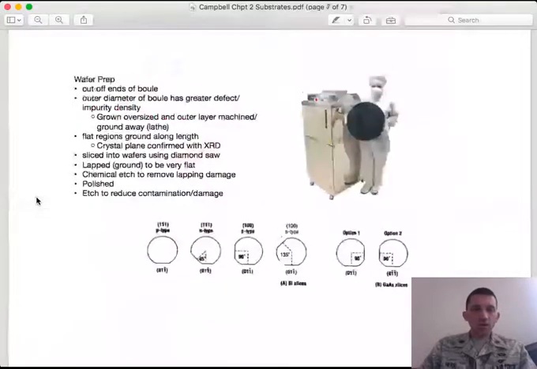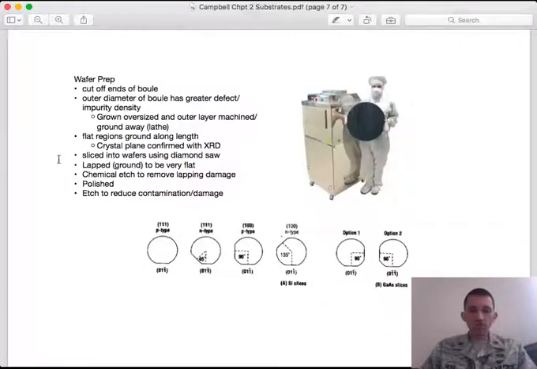Okay, last little bit here, wafer prep. So going back to silicon grown by Czochralski method, once you build a big long boule, right, you need to prep it before you can build a device on it. So you're going to cut off the ends of the boules because the quality is not as high as you are either increasing the diameter or tapering it down because you're changing the growth rate.